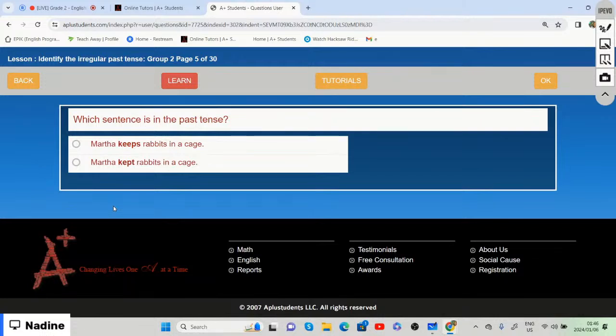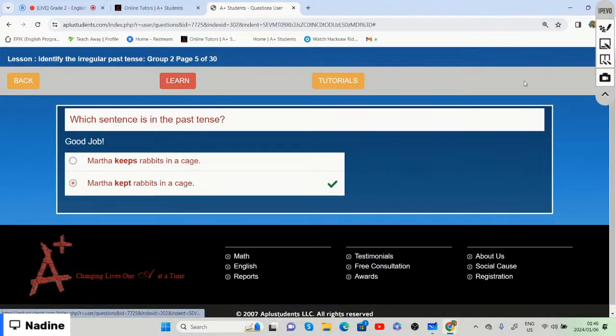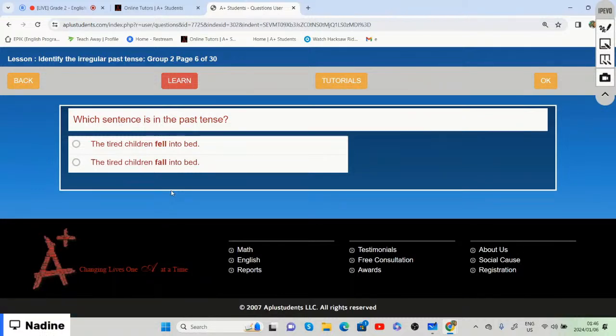Keeps being now in the present tense, but in the past tense, we can say Martha kept rabbits in a cage. And kept shows the past tense form of the word keeps. All right, let's do one more. Which sentence is in the past tense?